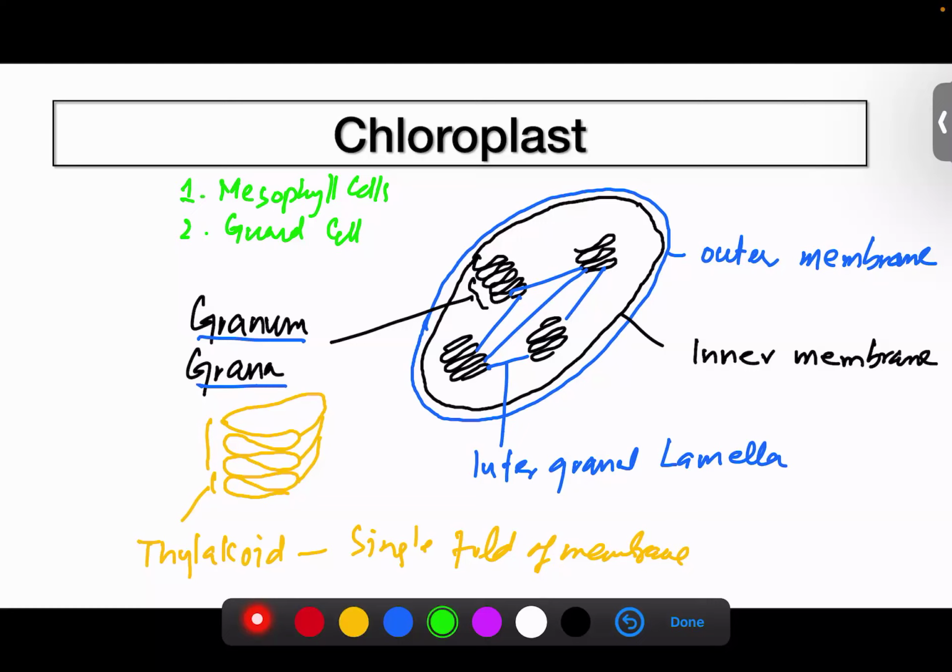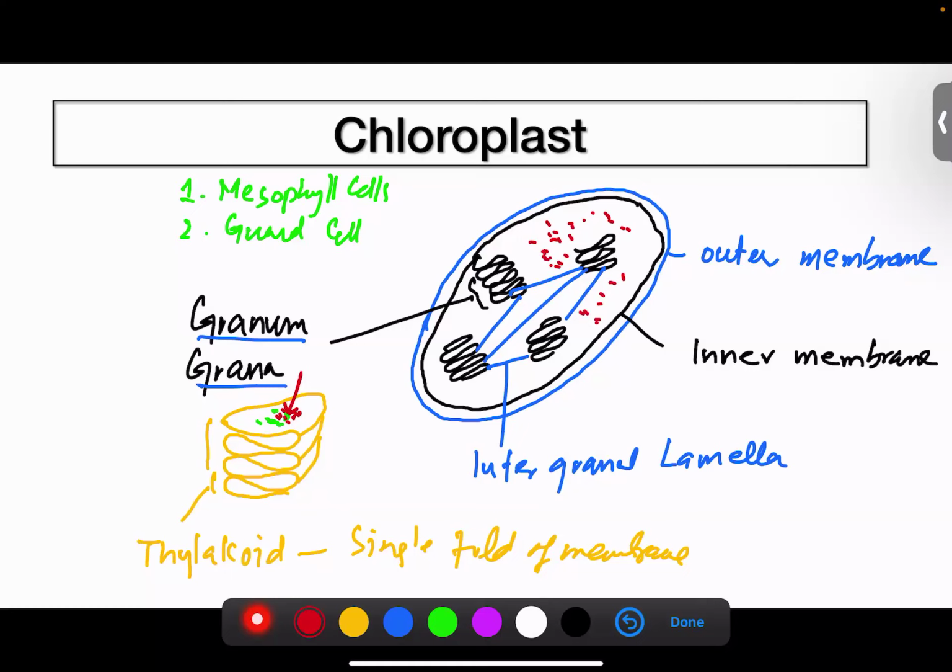There are light absorbing pigments present on this thylakoid, and they absorb light energy, and ATP formation and light dependent phase of photosynthesis takes place here on thylakoid or on grana, whereas the other light independent stages of photosynthesis take place in the fluid inside the chloroplast on outer side of the grana.